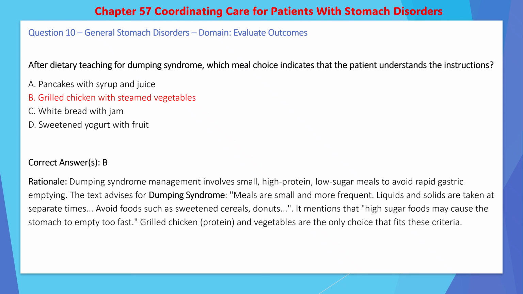Liquids and solids are taken at separate times. Avoid foods such as sweetened cereals and donuts. It mentions that high-sugar foods may cause the stomach to empty too fast. Grilled chicken with protein and vegetables is the only choice that fits this criteria.